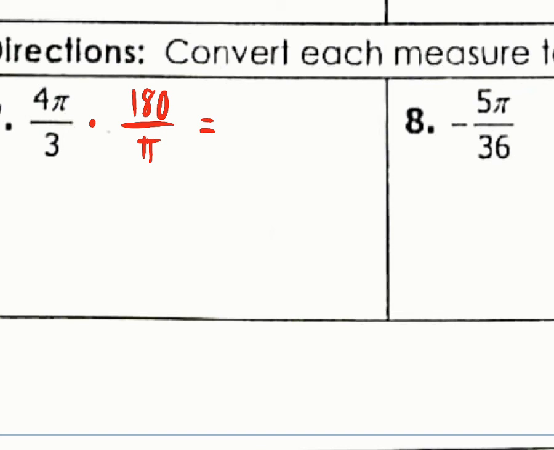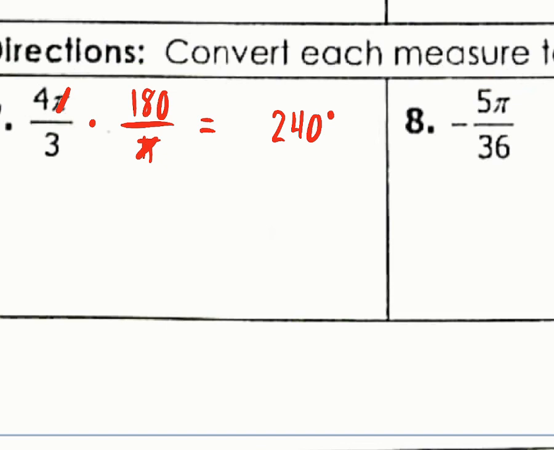What are they going to do to each other? They're gone. So what does my focus really need to be here? 4/3 times 180. The pi's gone. So what's 4/3 times 180? So 240 degrees.